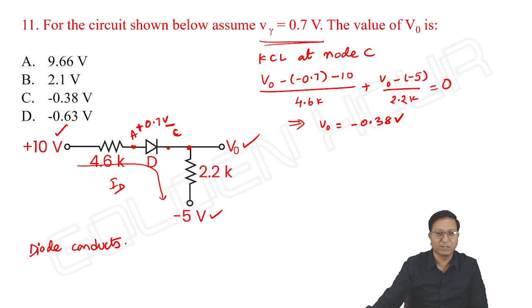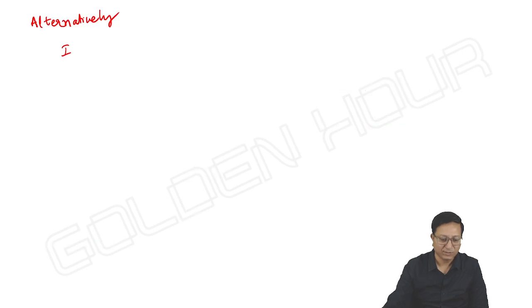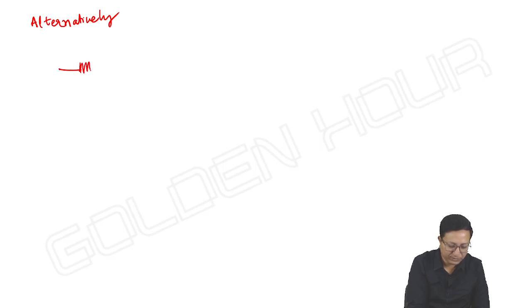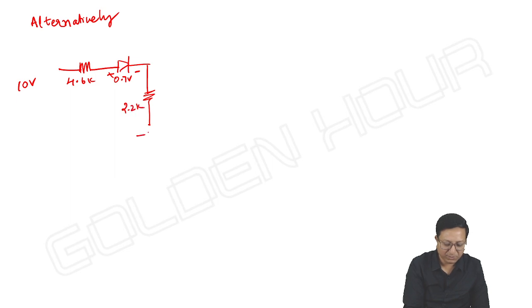I will redraw the circuit otherwise. Ten volts, 4.6K, and voltage across the diode will be 0.7, 2.2K, minus 5 volts.